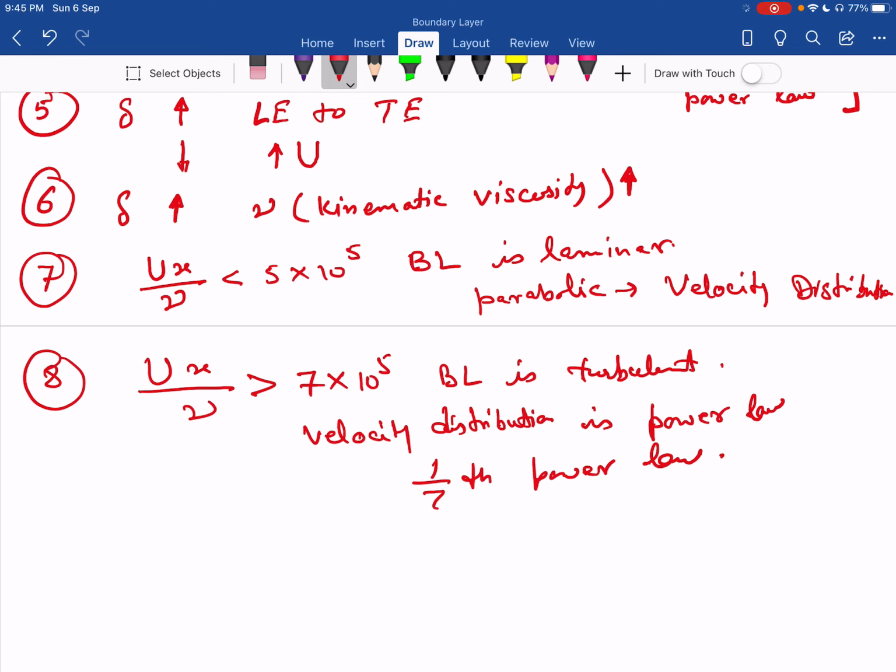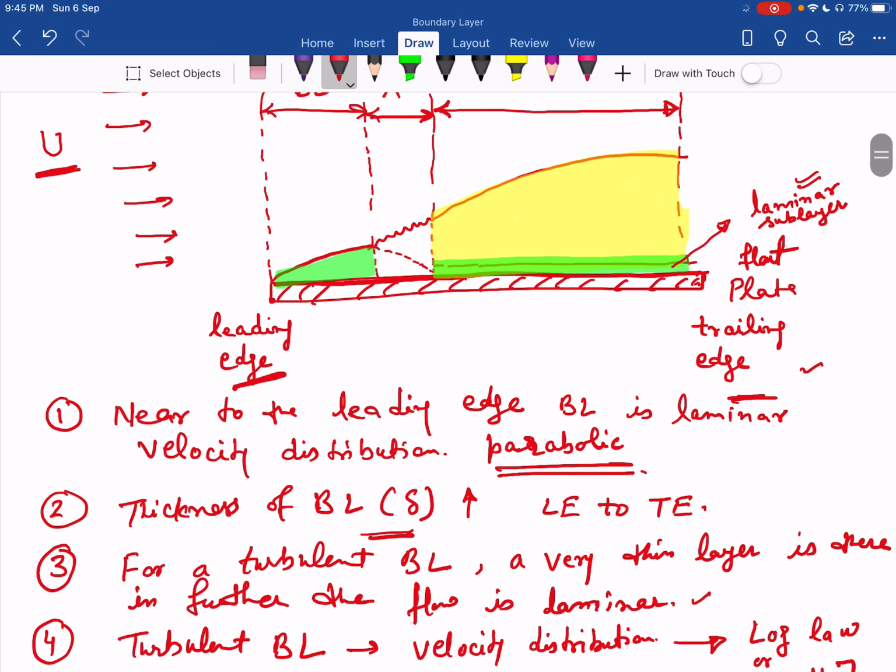So these are some important characteristics of the boundary layer.